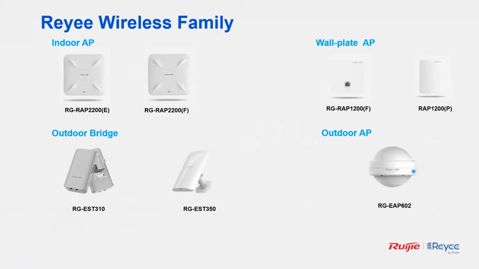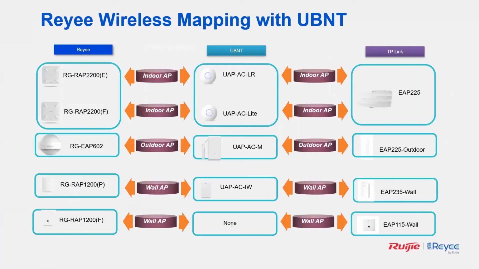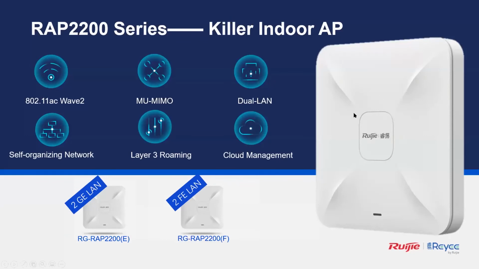With the wireless family, we have indoor AP, wall plate AP, outdoor AP, and the new one, outdoor bridge. With indoor, we have two models, RAP2200E and RAP2200F. The wireless products support AC Wave 2. Now we don't provide APs with the N standard anymore.